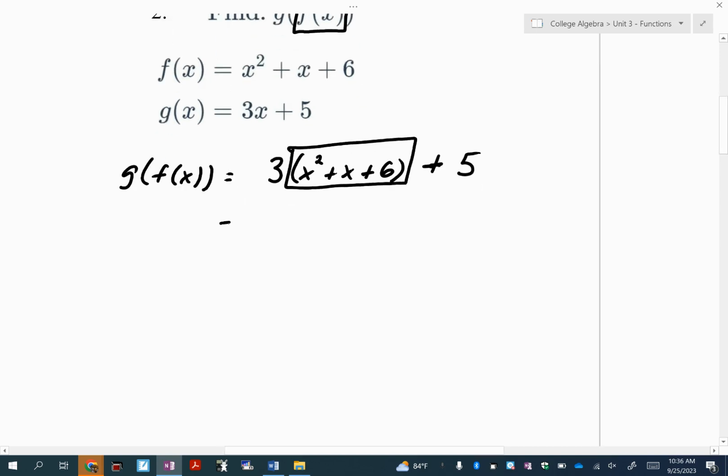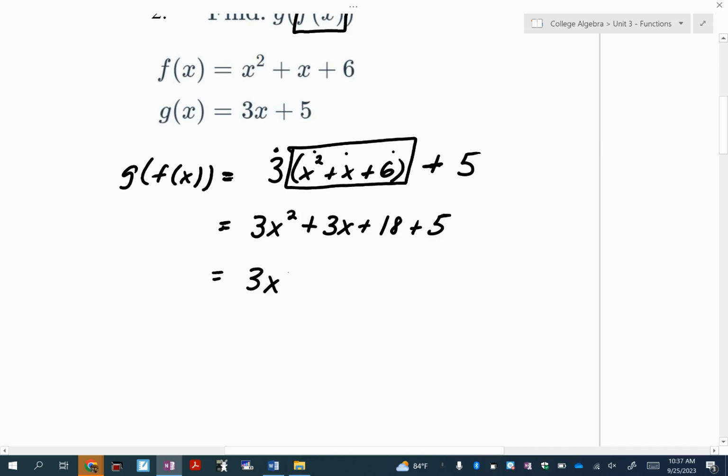None of this is technically easy, but in terms of the algebra that has to be done to simplify, it is simpler in the sense that you don't have to expand a binomial square. This 3 is just going to multiply by all 3 of these terms inside the parentheses. So you get 3x squared plus 3x plus 18 and bring down the plus 5.